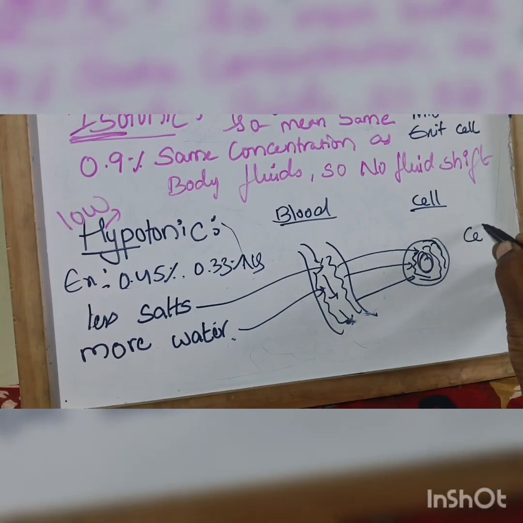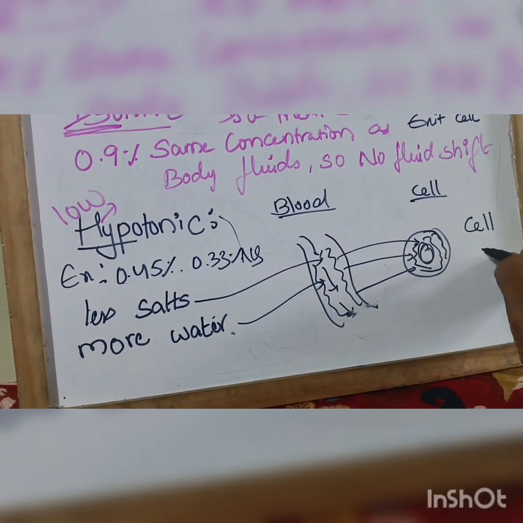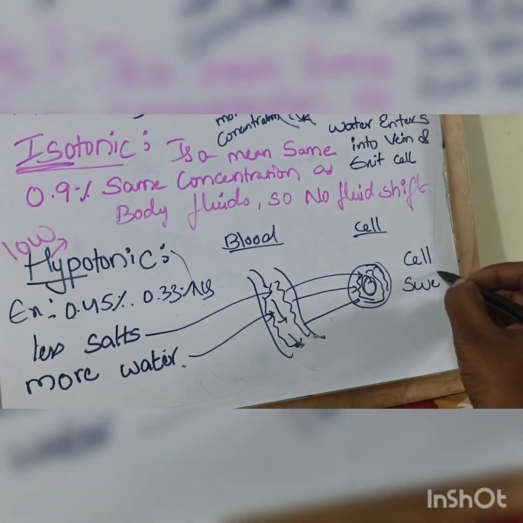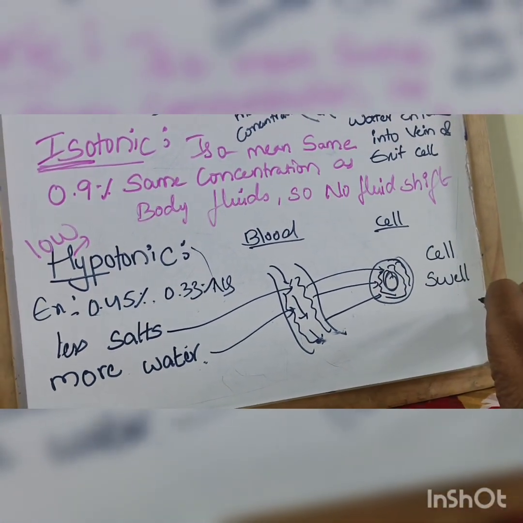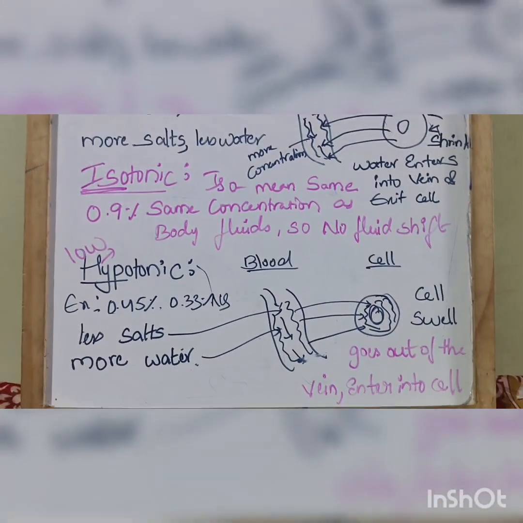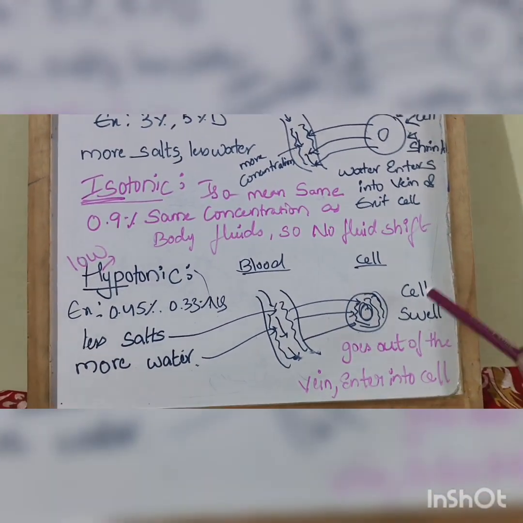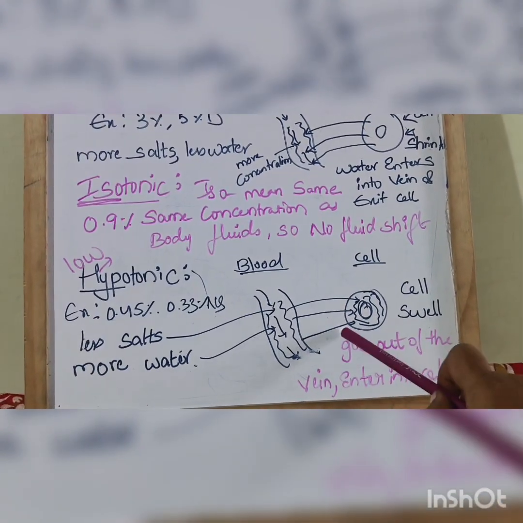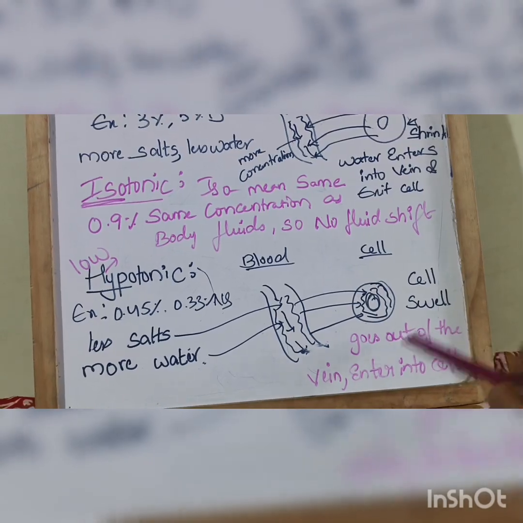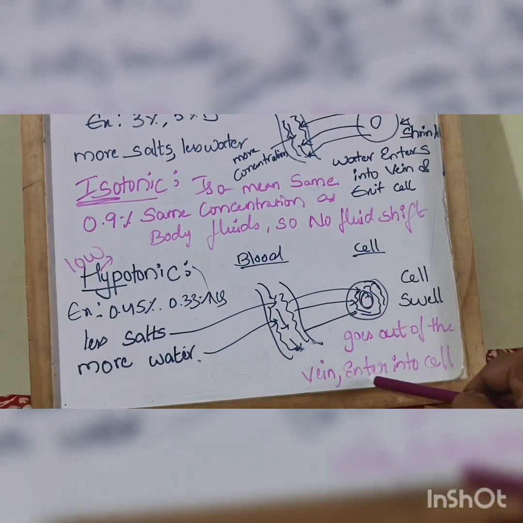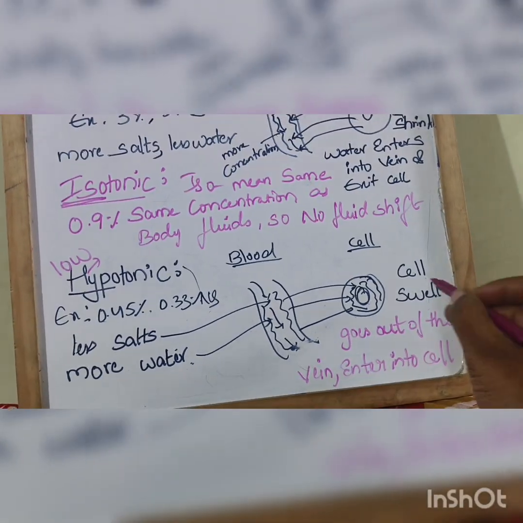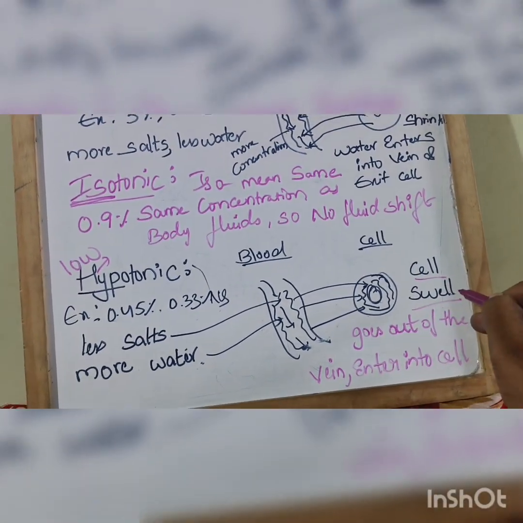In hypertonic the cell shrinks and becomes small, but in hypotonic the cell size increases, meaning the cell swells. The water goes out of the vein and enters the cell. In hypertonic the water enters the vein and exits the cell. It is the same but opposite in hypotonic.